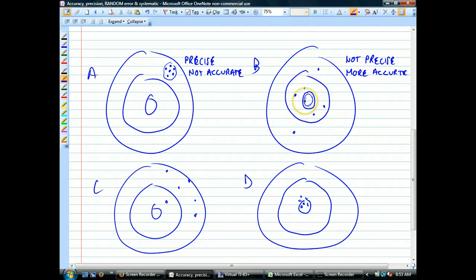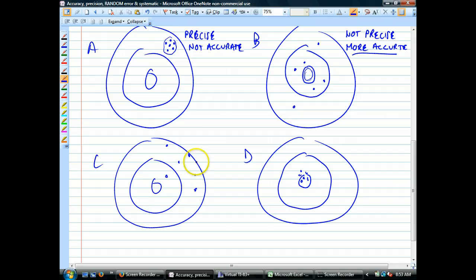So this one is not precise, but it is more accurate. And on C, this person is neither accurate nor precise. And then shooter D is both accurate and precise.